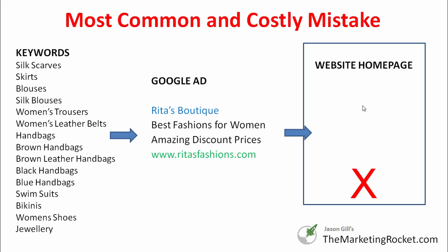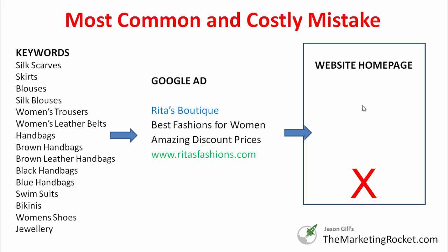And when they do that, Rita, because of the relevance between her keywords down the side and her ad, is paid perhaps 3, 4, maybe 5 times more for that click than one of her competitors. But they've clicked on it and they've gone to her website, but they've gone to the home page. So now that person searching for green silk scarves has landed on the home page, and now what do they have to do?